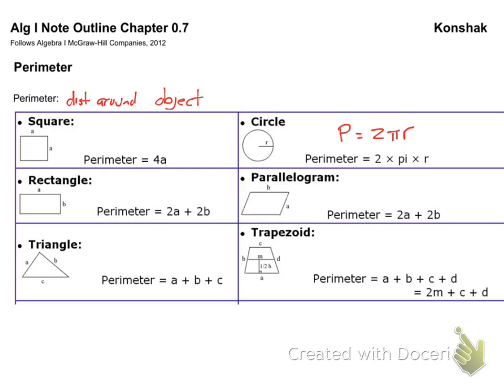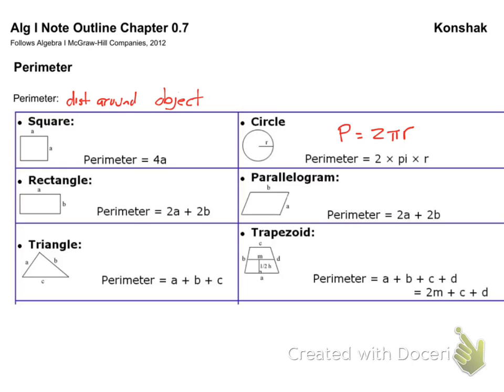Trapezoid. Interesting. Again, if we named all the different sides a, b, c, and d all the way around, what I find is I can just add them all up. But what is this, 2m plus c, d? I wouldn't worry about that. That gets more confusing than anything.